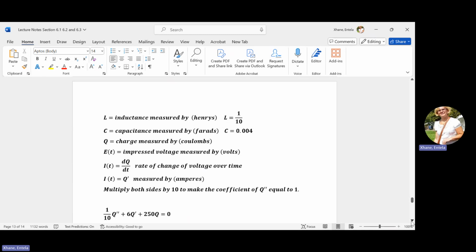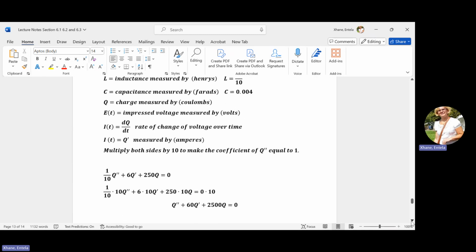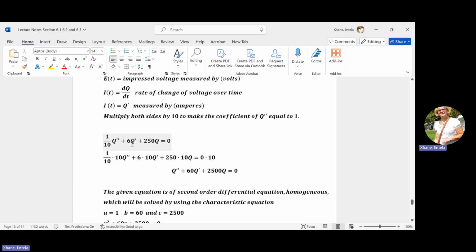So now if all these coefficients are substituted, then we have to multiply by 10 to make the coefficient of Q double prime equal to 1. And then solve this brand new equation, which is Q double prime plus 60 Q prime plus 2500 Q equals 0.